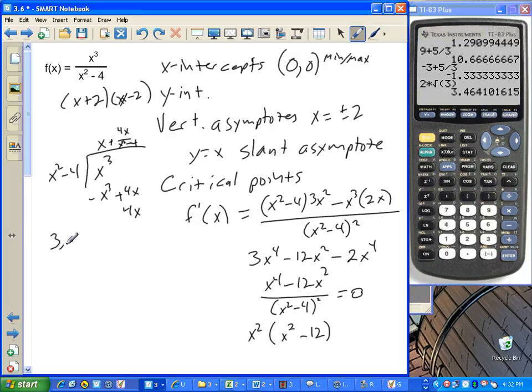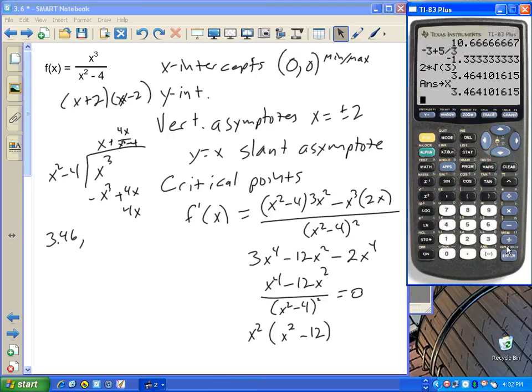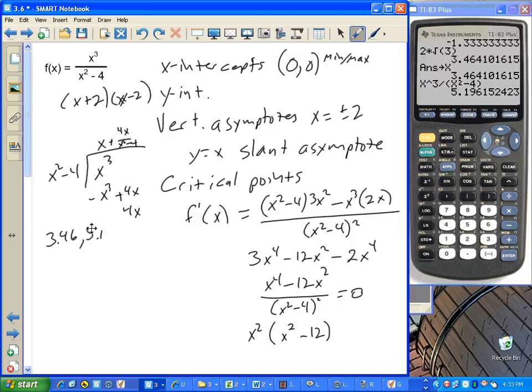So when I'm at 3.46, if I plug that in here, that'll tell me exactly where my min-max is. So we'll just store that as x, and then we'll do x cubed divided by x squared minus 4. Okay, so that completes the point for one of my min-maxes.